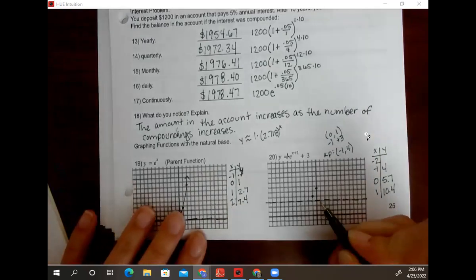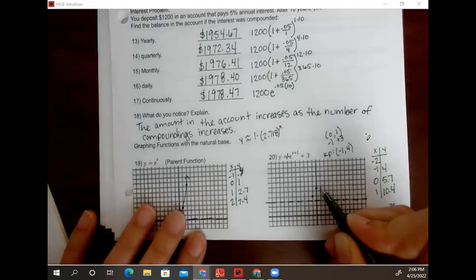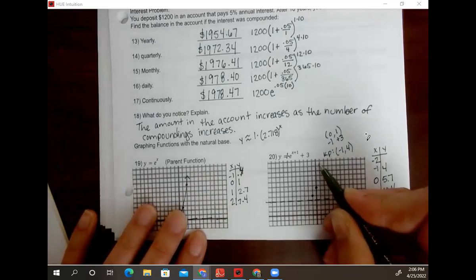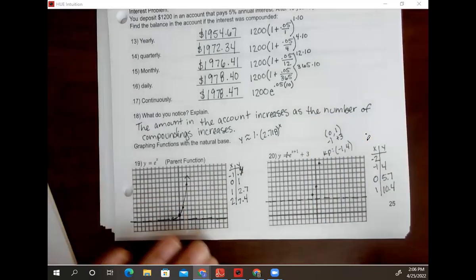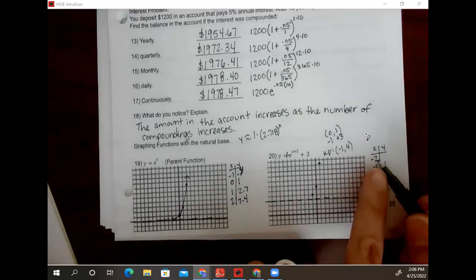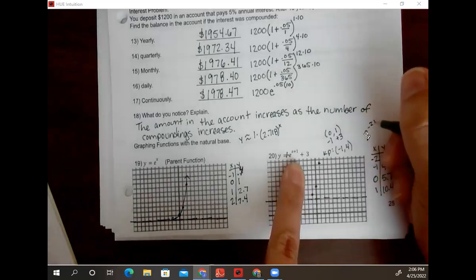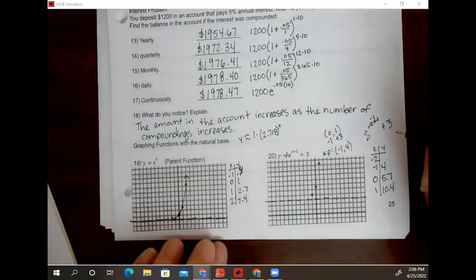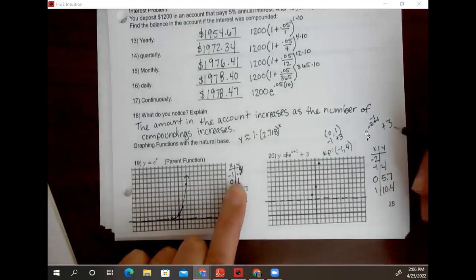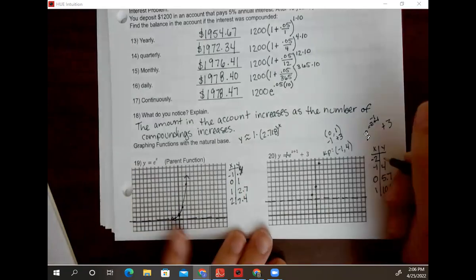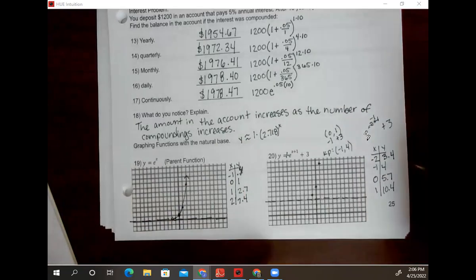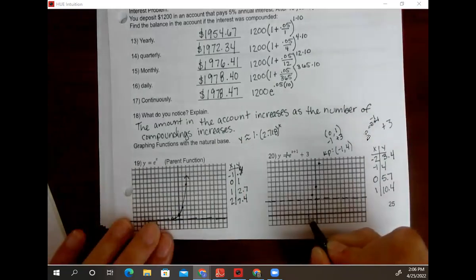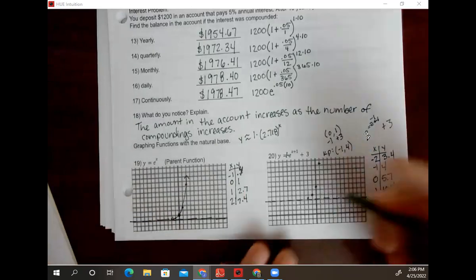So 1, 3, 4, 5, 6, 7, 8, 9, 10.4 would be right about there. Or you could plug in your exponent. So this would be e to the -2 plus 1 plus 3. That would be e to the -1st. e to the -1st we know is 0.4 plus 3 would give me about 3.4. Again, this is a rounded value, but -2, you get about 3.4.